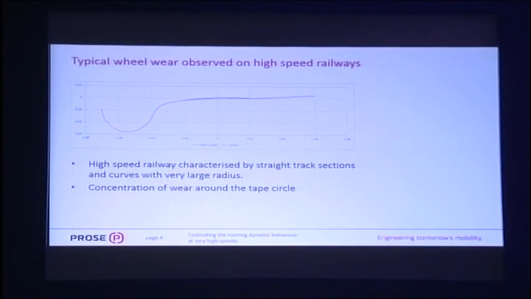Now, what we have seen or observed in the high-speed railways is a wear pattern. This wear pattern is characteristic for high speeds, and it's located around the tape circle, so in the middle of the tread.